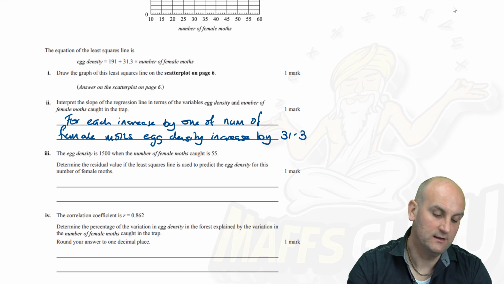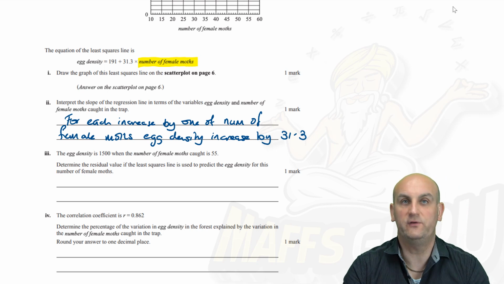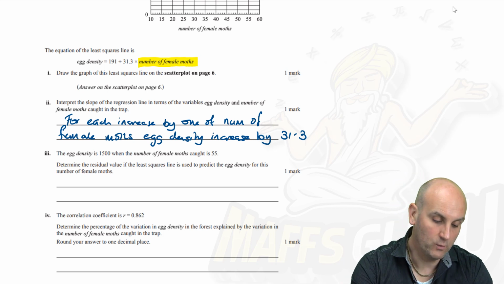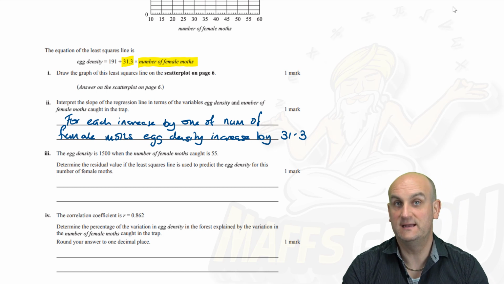Okay, so that's the important thing here. What we're saying is for each 1 increase in the female moths, we are going to go up by 31.3 for egg density. There we go.